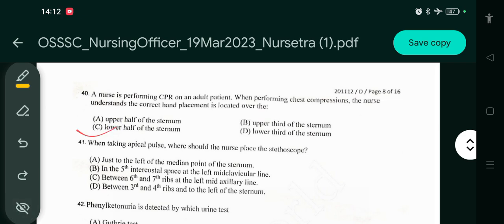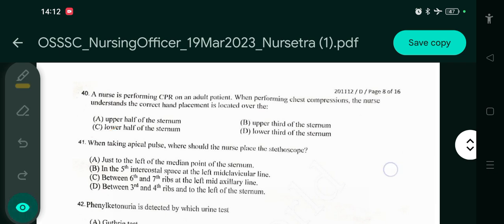It is already clearly mentioned in the AHA guidelines how to give effective CPR, what the positions are, and what the depth of CPR is. This is an important topic. We will discuss CPR specially in another video.